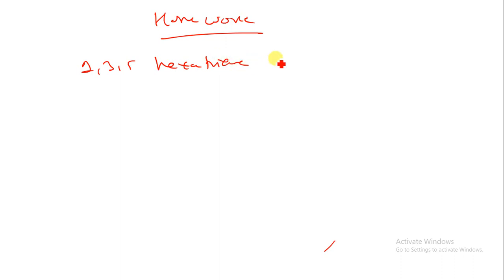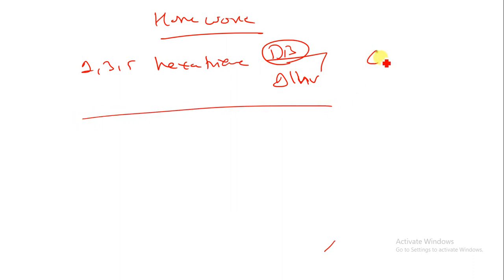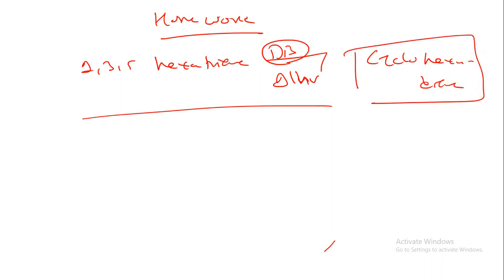You have to find out for 1,3,5-hexatriene for the disrotatory rotation whether it is thermally allowed or photochemically allowed reaction, via forming cyclohexadiene, that is your product. So this will be your homework.